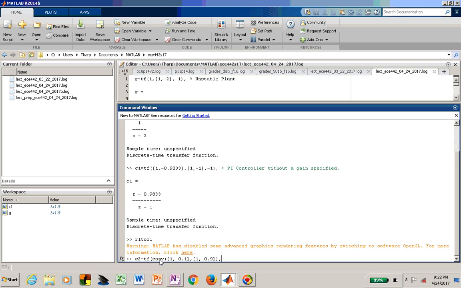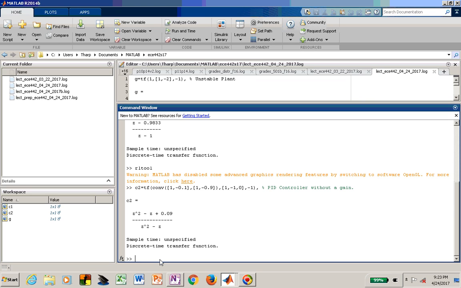That's now my numerator, which is the convolution. That's how you form the product of two polynomials. And my denominator polynomial in a PID controller will be z squared minus z plus 0, or z times the quantity z minus 1. And that's now my denominator. I'll put in no sample period, and hopefully this is now my PID controller without a gain.